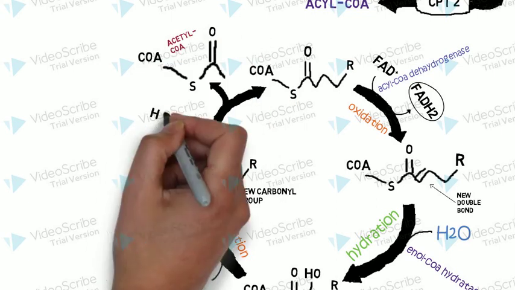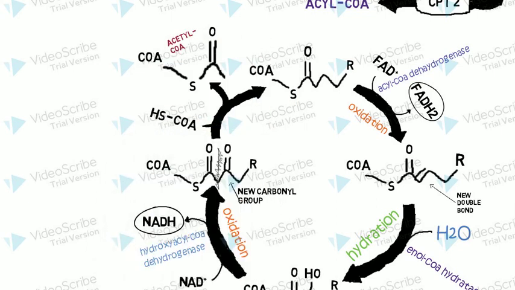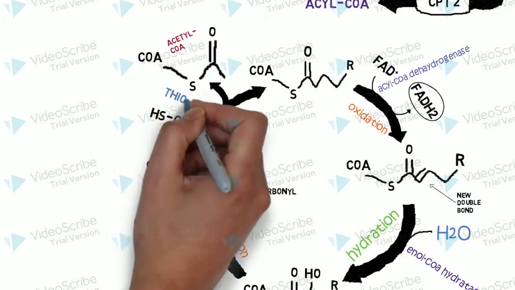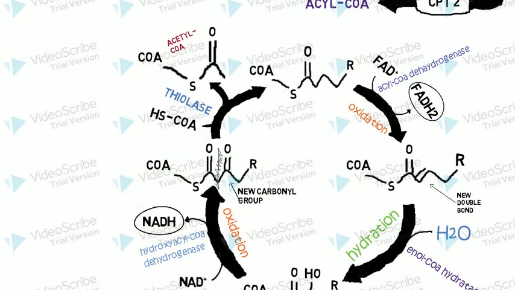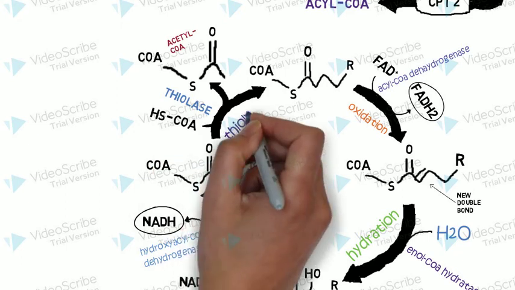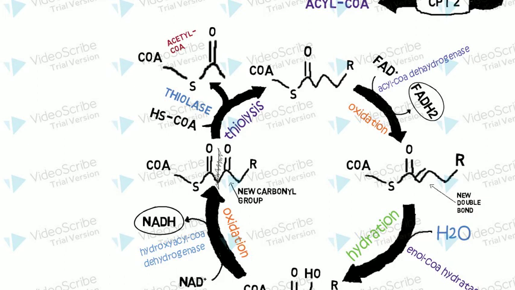Now all we have to do is attach a new coenzyme A molecule on the end of the stuff to the right of the dashed line, where we have an acyl-CoA ready to go around this circle again, but this time with 2 fewer carbons. The enzyme that does all this is called thiolase, and this process is therefore called thiolysis.